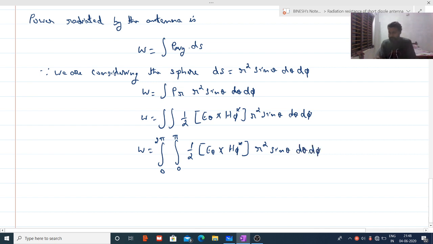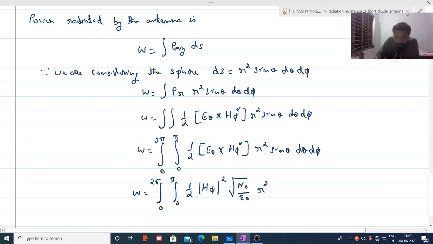It is clear. So I can write W is nothing but integral 0 to 2 pi, integral 0 to pi, 1 by 2 into this thing we have changed as H phi square, into root of mu naught by epsilon naught R square sin theta d theta d phi. It is clear for you.